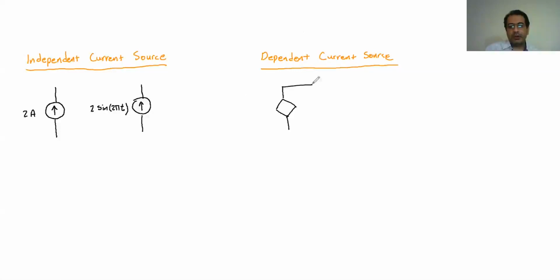And if, for example, we assume two elements here, and this one, for example, we have the current, and sometimes, for example, here you might have, let's say, Vx, and the current in that, let's put it the other way so it's easier.